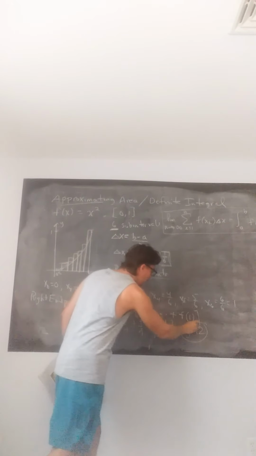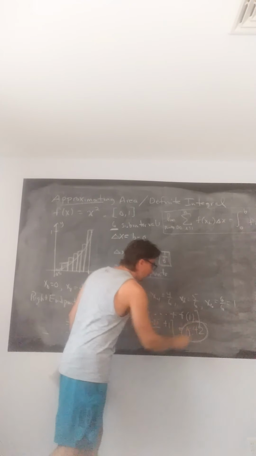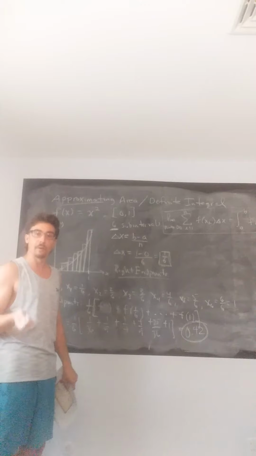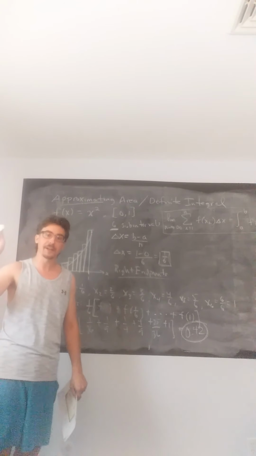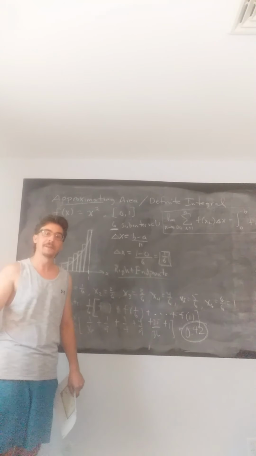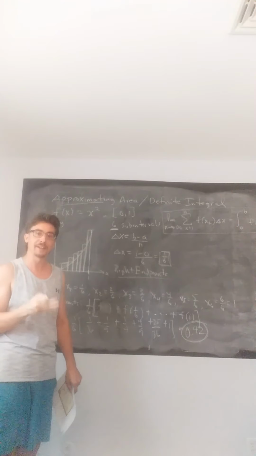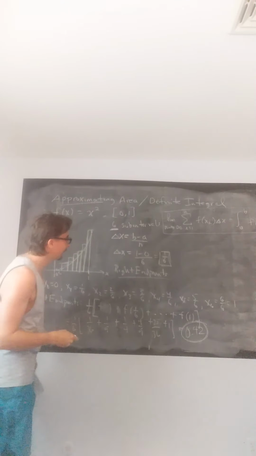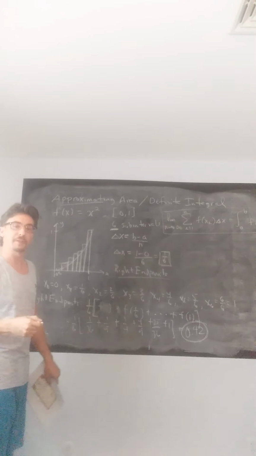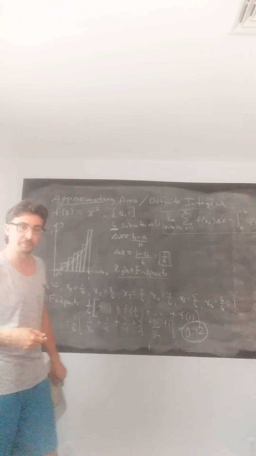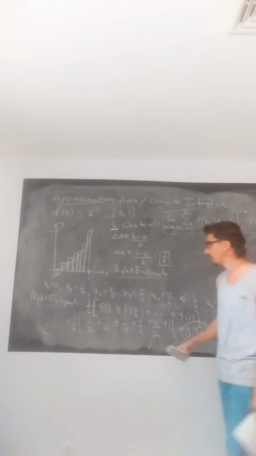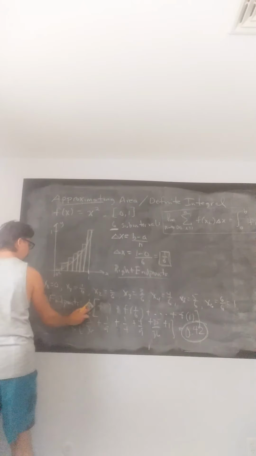So this is 0.42, and 0.42 is going to be an overestimate. Typically, right-hand endpoints are an overestimate. Left-hand endpoints are going to be an underestimate, okay? Let's see what the left-hand endpoints would be. So if we wanted to approximate the area by using left-hand endpoints, let's see what they would be.